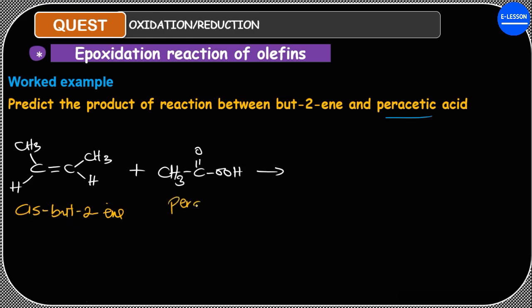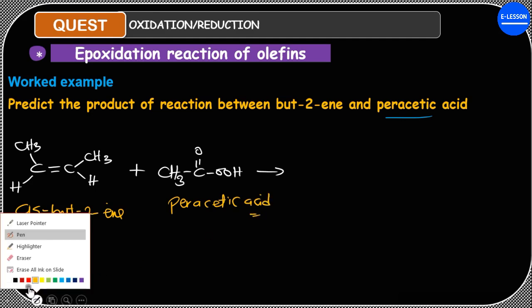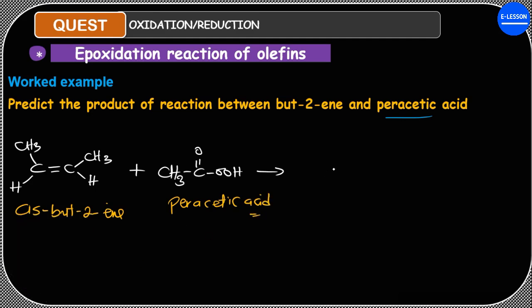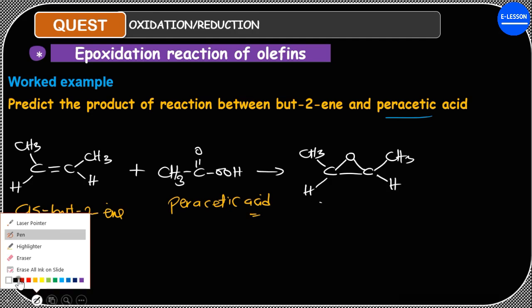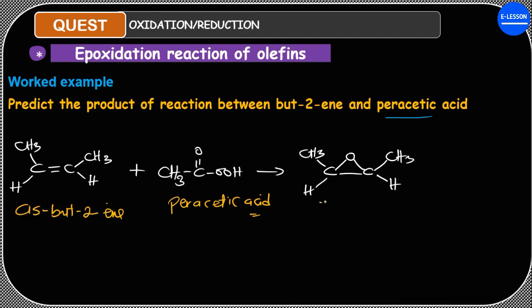Of course, they said we should predict. This is going to give us an epoxide where you have C, CH3, C, O, C, this, and then here is also CH3 and H, which is the cis epoxide, since the initial alkene was the cis form.